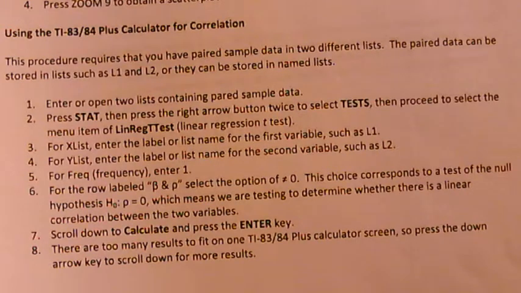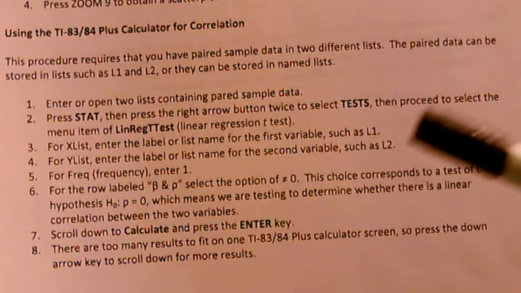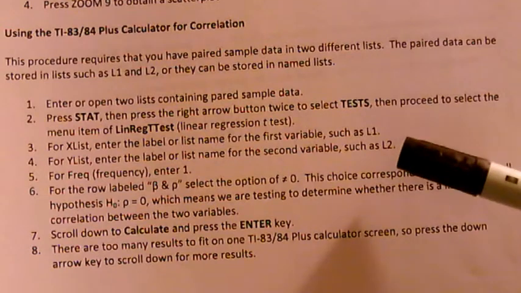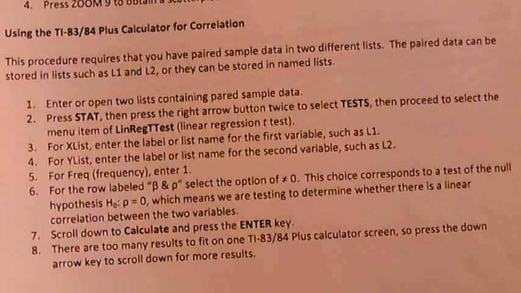Then press the stat key and the right arrow button to select test, and then select the menu item LinRegTTest. That's short for linear regression t-test. For the X list, you'll select L1, that's for the first variable, and for the Y list, it'll be L2 for the second variable.